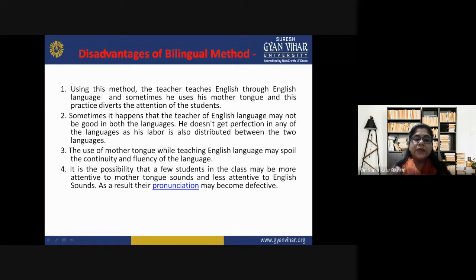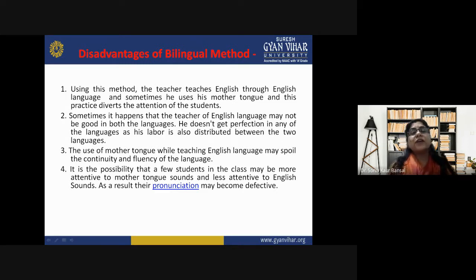It is also possible that a few students in the class may be more attentive to mother tongue sounds and less attentive to English sounds. This may also happen: when you are speaking English, students are in passive mode. Okay, ma'am is going to explain this thing to us in Hindi also. So as a result, their pronunciation may become defective because they are not paying attention to that language.